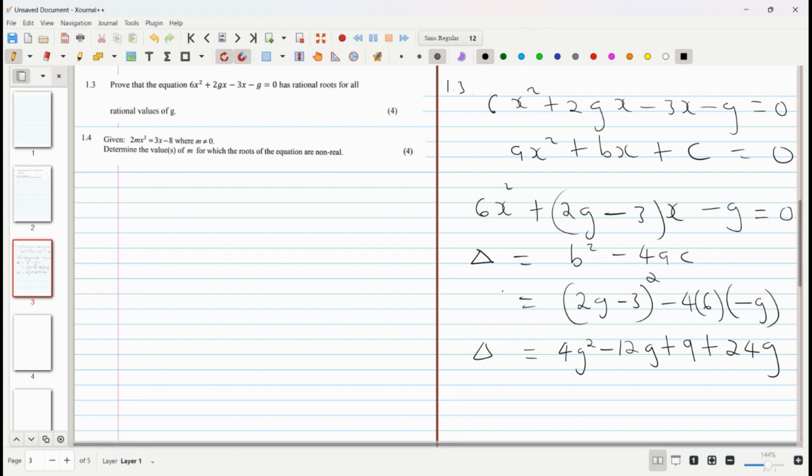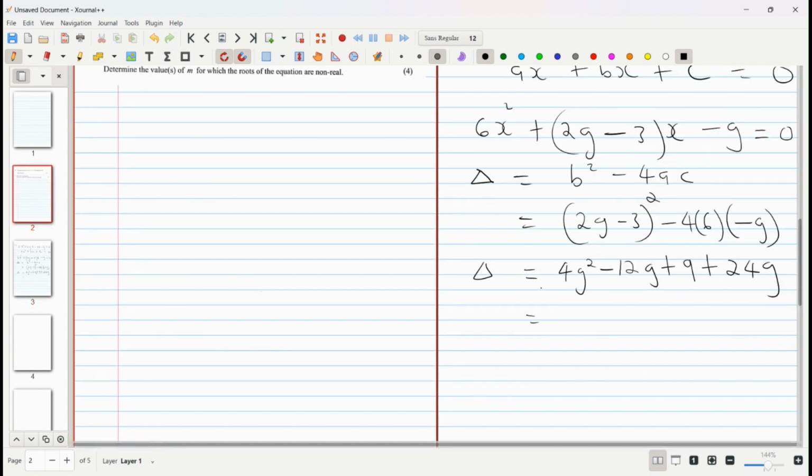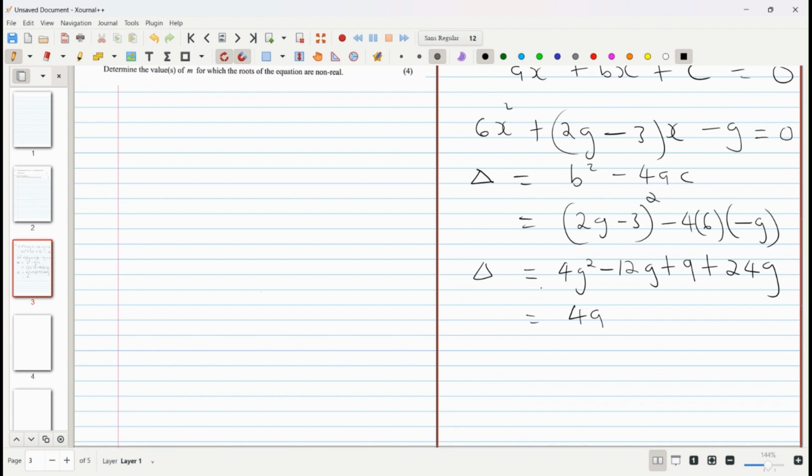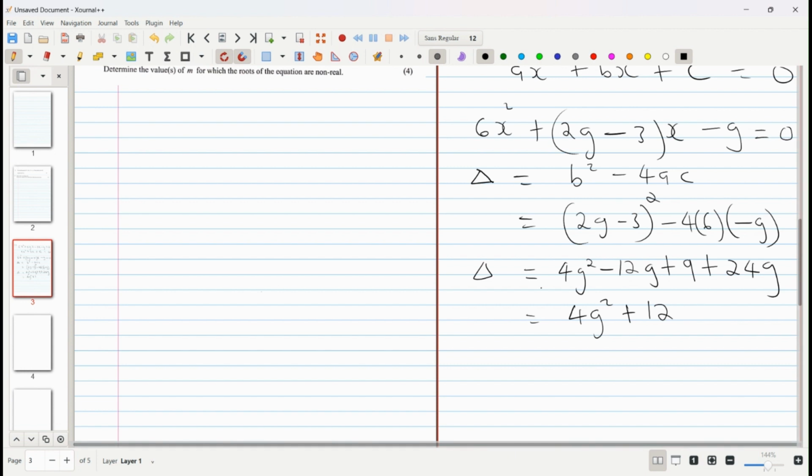Okay, so the next thing, we can group our like terms. What are like terms? We have 4g squared. Our like terms are negative 12g and positive 24g. So when we add those, we'll have positive 12g, and then plus 9.